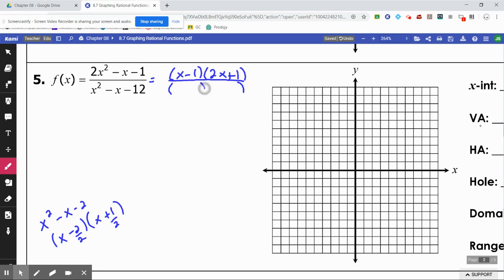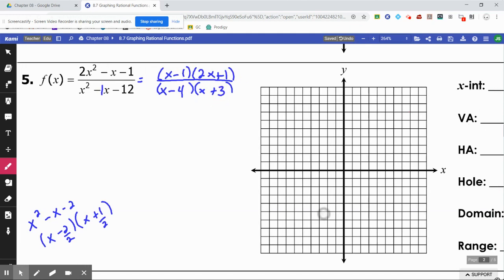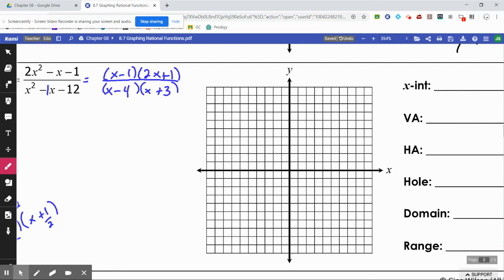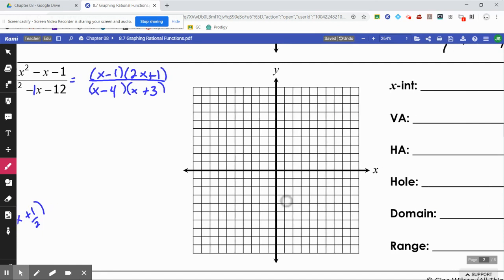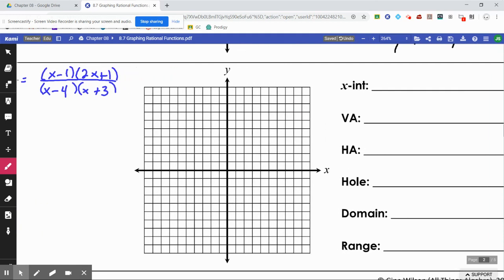The bottom, 2 sets of parentheses, factors into x and x, adds, multiplies will be a negative 4 and a positive 3. Therefore, my domain restrictions: set each of the bottom factors equal to 0, x will not be 4. So my domain is x is not equal to negative 3 or positive 4.